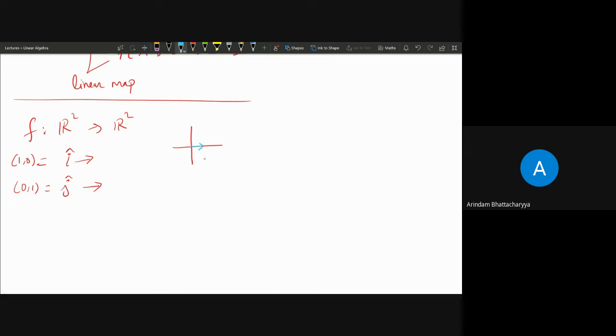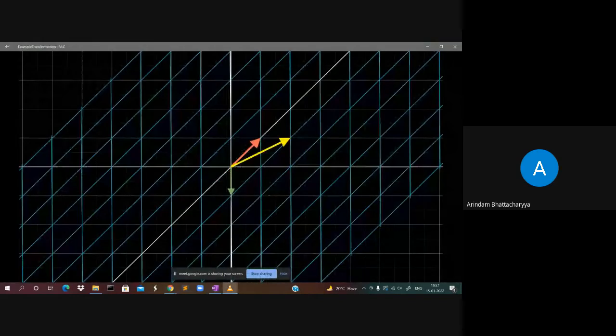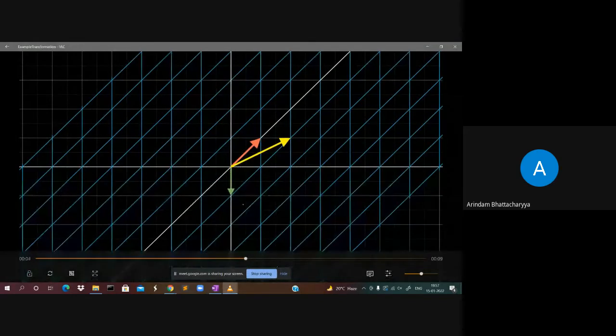I can send i to some place here, and j to some other place, and this will determine the linear map. Are you getting what I'm trying to say? So this is a linear map.